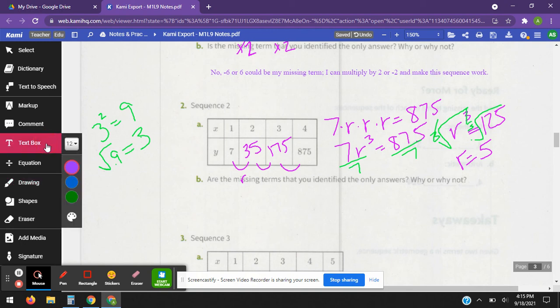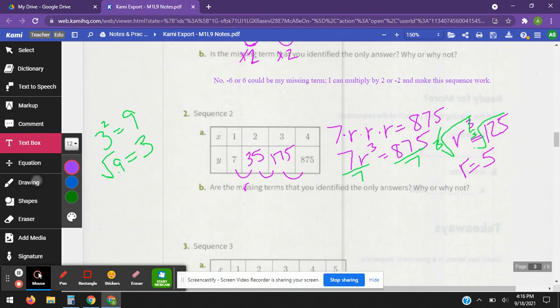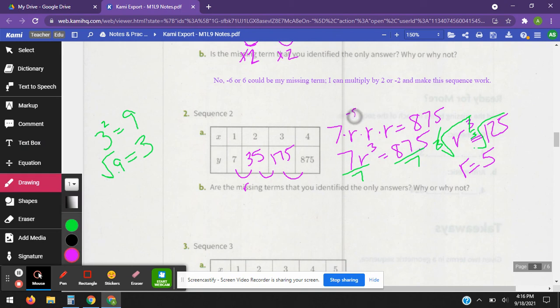So are there any missing terms that could also be it, or are these the only answers? Well, let's see. If I did -5 times -5 times -5, 3 negatives would get me a negative answer.